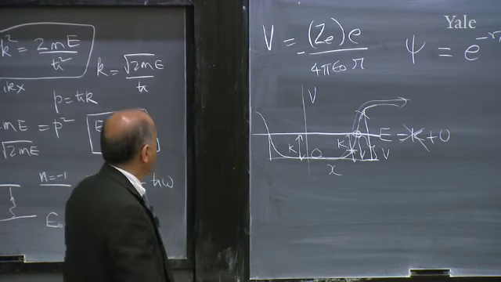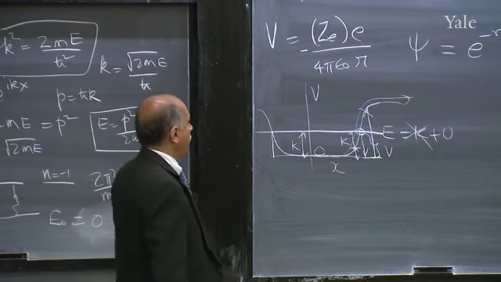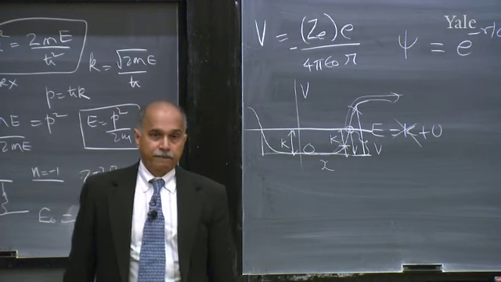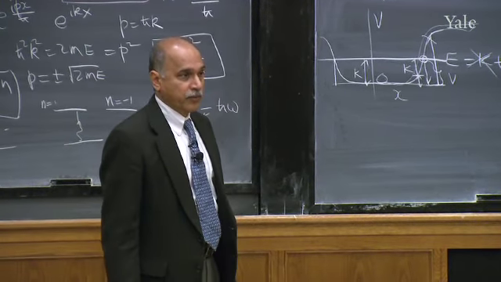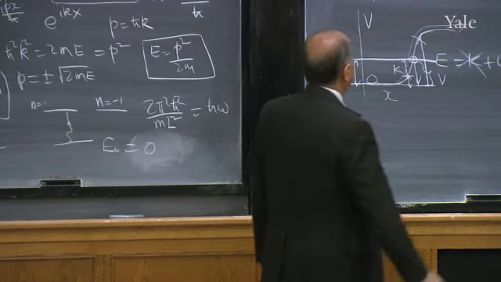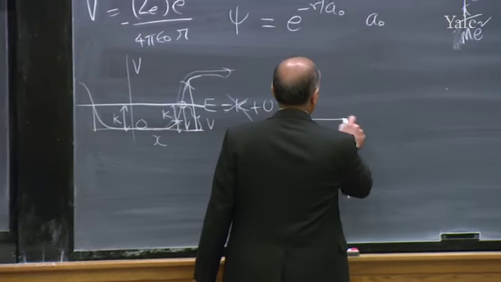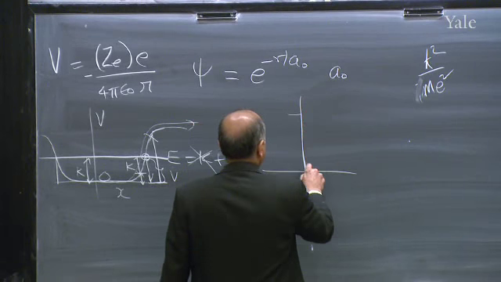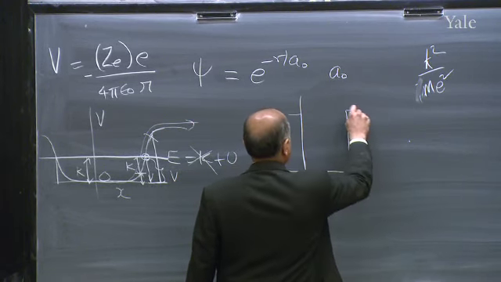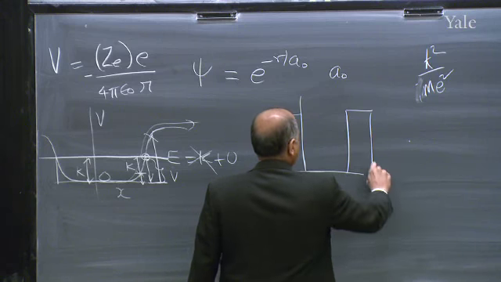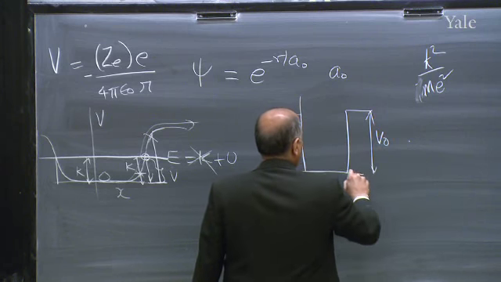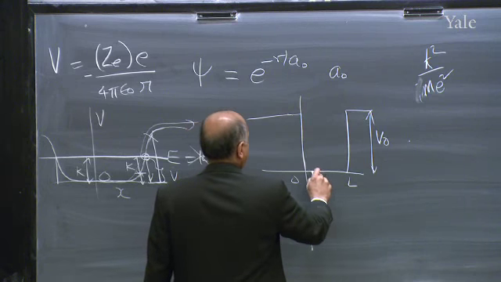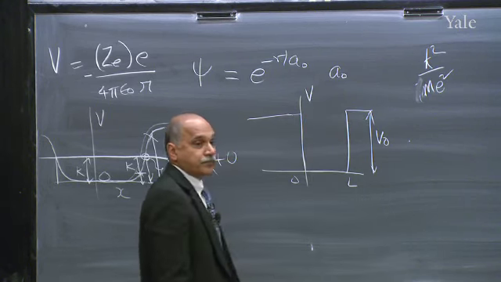That's classical mechanics. Now we want to ask ourselves, in quantum mechanics, what does the particle do? That's our goal. So I'm going to take a simpler problem because it's mathematically easier. I'm going to take a potential that looks like this. It is V0 to the right of L, is V0 to the left of the origin, and it is 0 here.